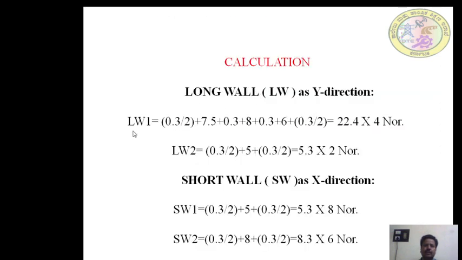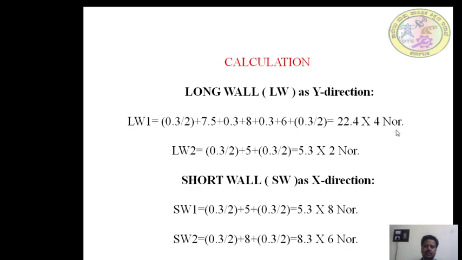So LW1 equals 0.3 by 2, 7.5, 0.3, 8, 0.3 plus 6 plus 0.3 by 2, say 22.4.